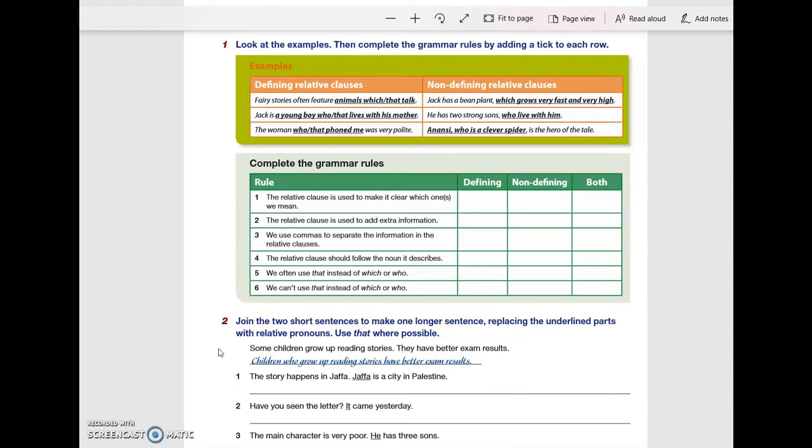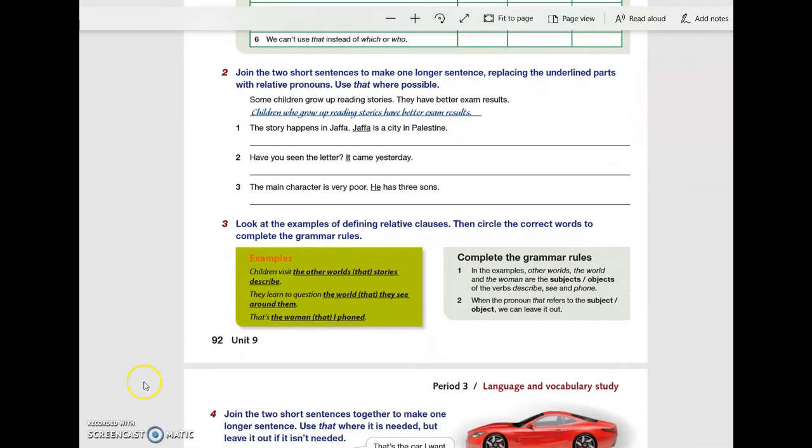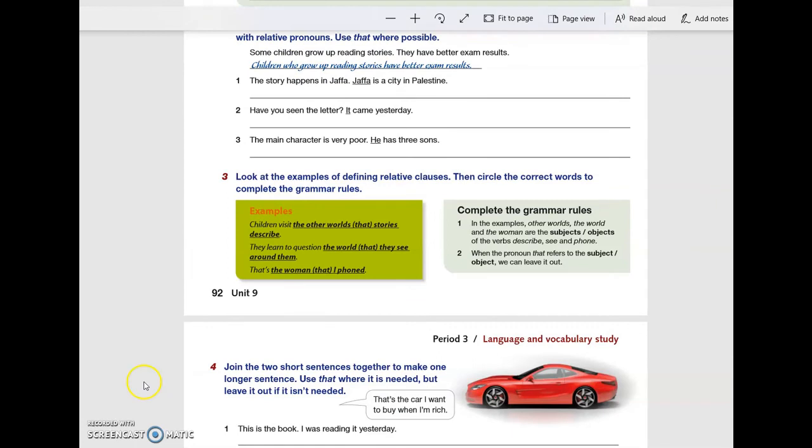Is this sentence defining or non-defining? Ask yourself and tell me in your comments. I'm waiting. Complete this activity and show me your answers.